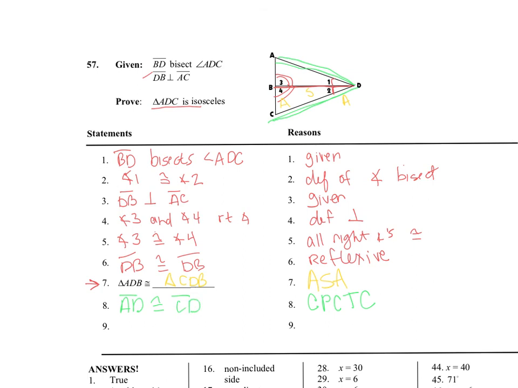And once we have that, we have enough information to say that triangle ADC is isosceles. The reason is the definition of an isosceles triangle: if we have these two sides that are congruent to one another, then that's our definition of an isosceles triangle.